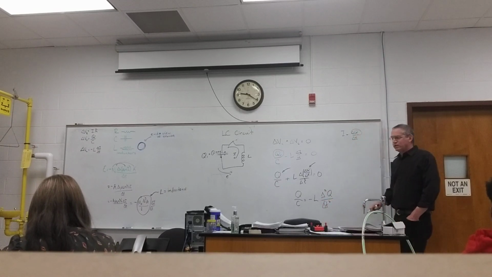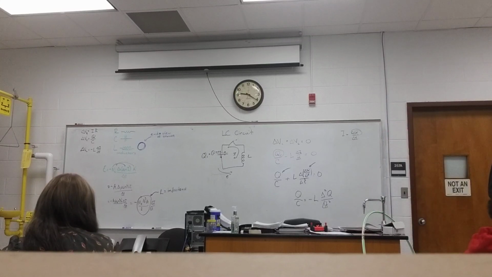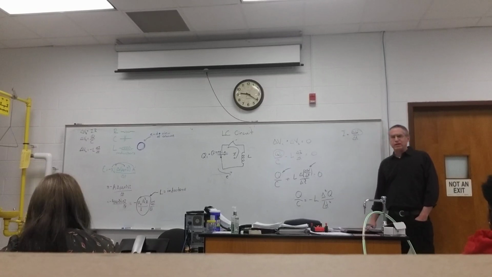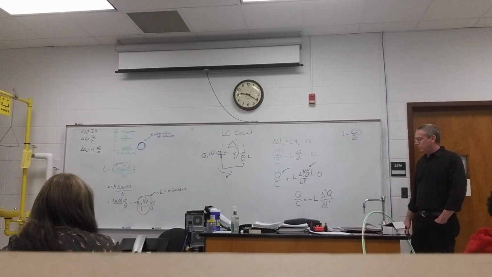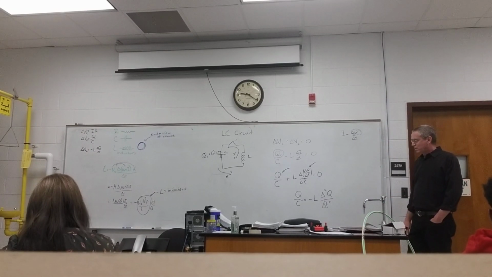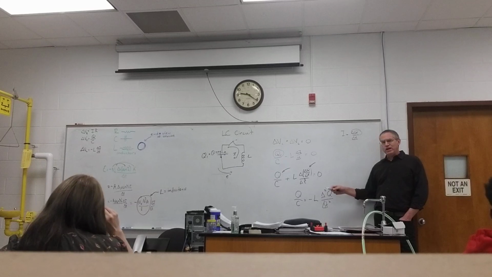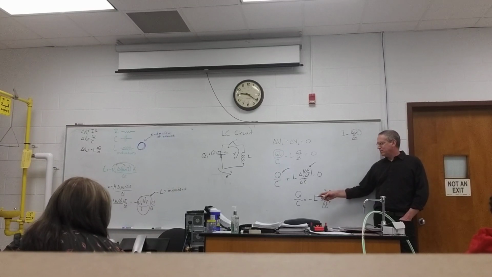Now for those who have calculus, this form might look a little bit familiar. If you have not had calculus, you might go, oh, okay, sure, whatever. Well, what I'm looking for is a function of charge that when I do the change of the change, I end up basically with something related to charge.